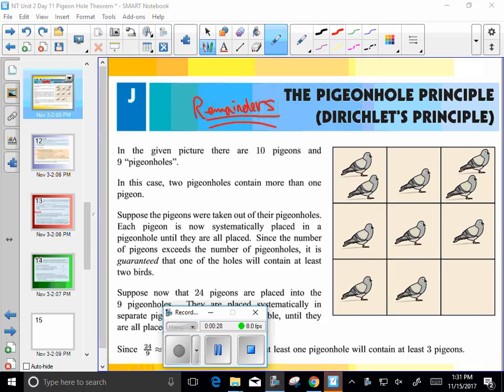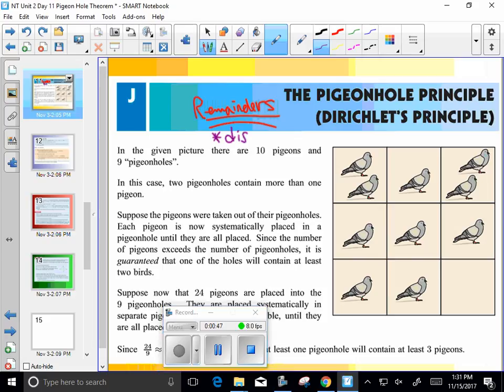You can put them in any array that you want, but you are absolutely certain that in one of these boxes there's going to be 2. And the way that you know that is if you distribute evenly.